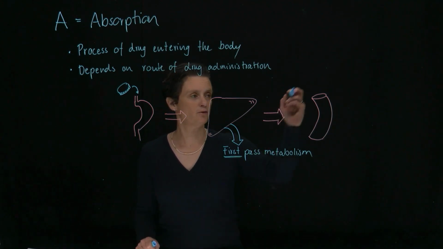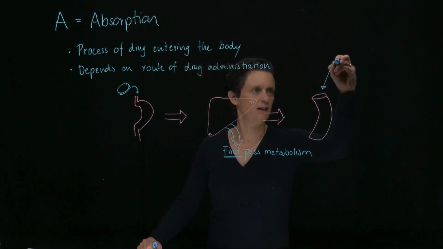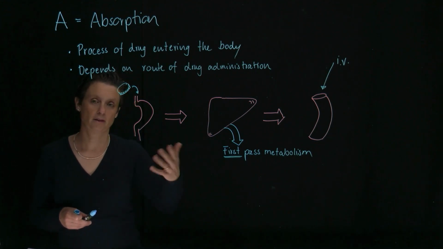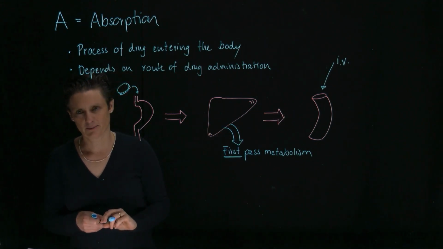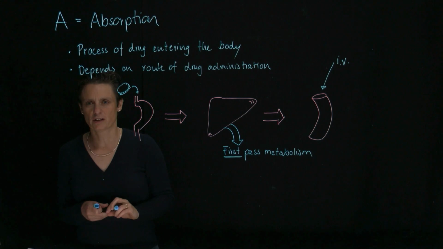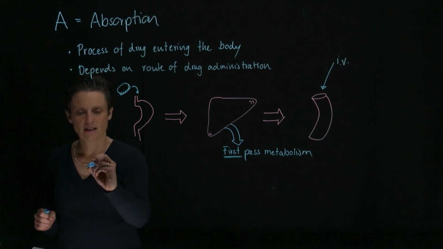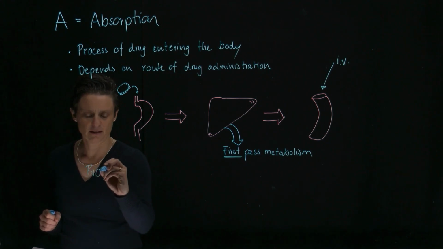Now, if you give drugs IV, we would directly inject it into the circulation. And then obviously we're going to skip the GI tract and the liver. Now, one very important determinant of absorption is bioavailability.